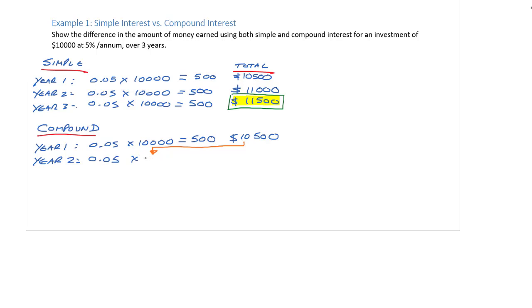It's been put together with the principal, with the starting amount. We've added it together. So now we get 5% on the principal and 5% on the interest. So when I multiply that, we're going to get $525 interest in our next year. So let's add that to our total, and we have $11,025.